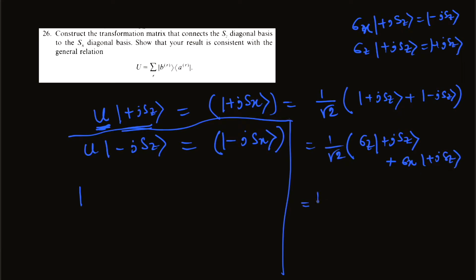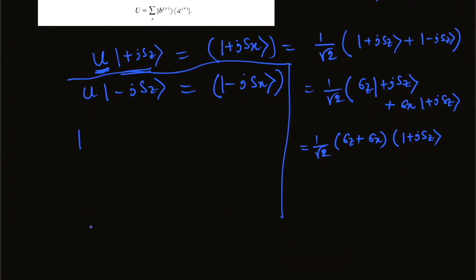That means we can write 1 by root 2 of sigma Z plus sigma X operating on plus SZ will give plus SX. That means our unitary operator U is sigma Z plus sigma X by root 2.